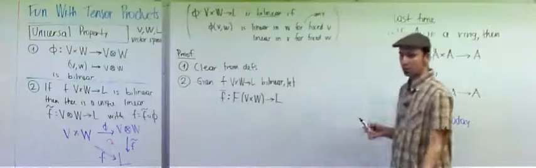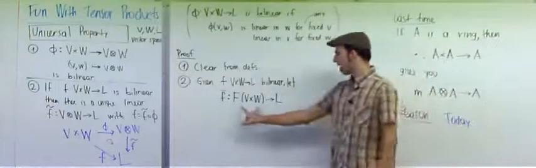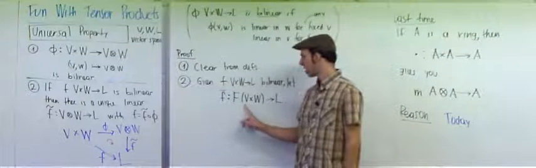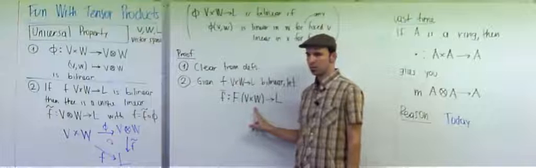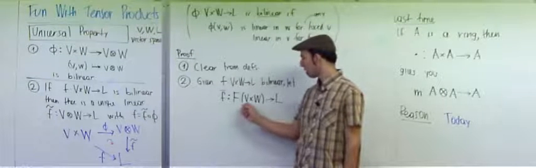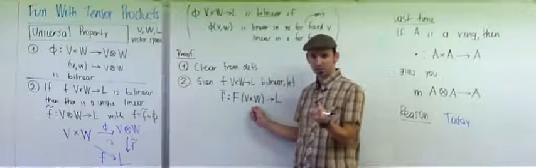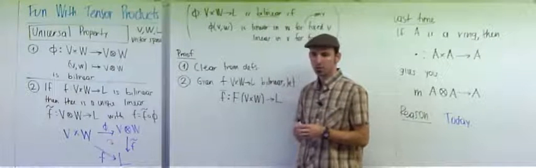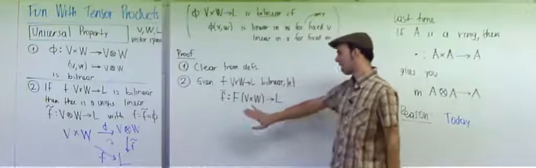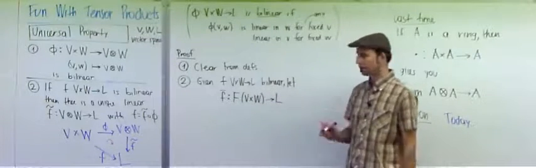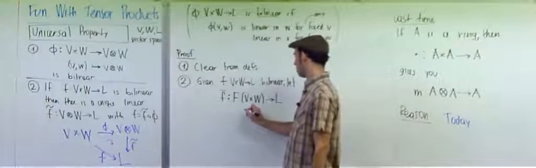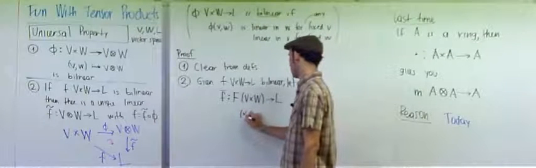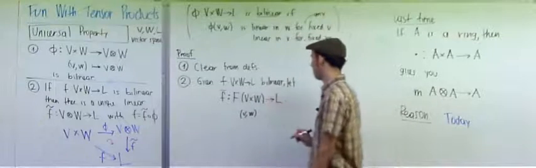Now, remember that what I mean by this is that this is the free vector space generated by this set. And so I'm taking every single element of V times W and declaring it to be a basis vector, and making this huge vector space with that as a basis. And so given that this is a free vector space, all I have to do is decide what I do to each basis vector. Okay? And so what I'm going to do is send (v, w) to, what should I send it to?